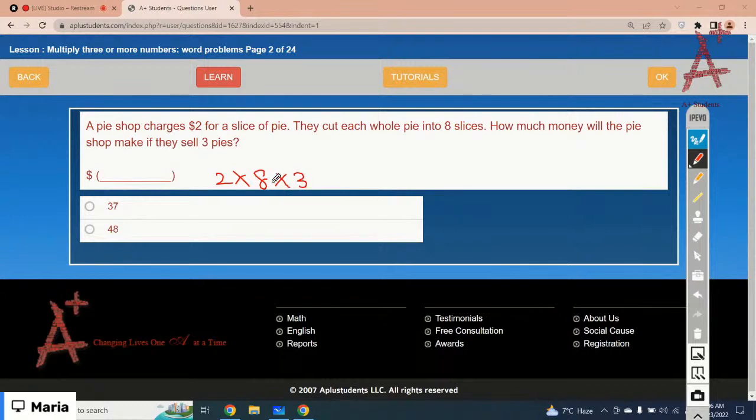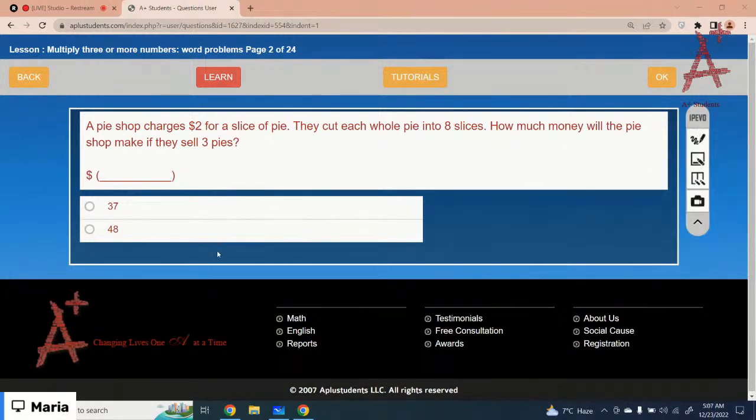Just multiply all the numbers. 2 times 8 is 16. Now you have to do 16 times 3. 16 times 3 is 48. That means the total amount of money they make from selling 3 pies with 8 slices, each costing $2, is $48. Got it? So just select the correct option, then click on the OK button.